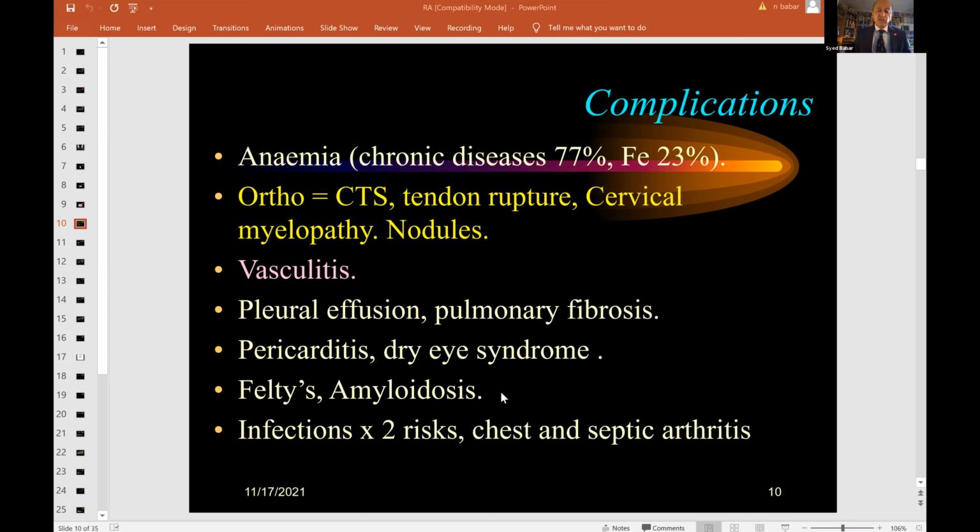There could be amyloidosis of kidneys or other organs. One sees that the infection rate arising from bacterial, viral, or fungal sources is doubled than the person without rheumatoid arthritis.